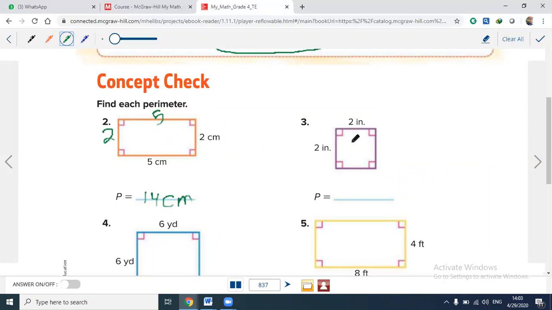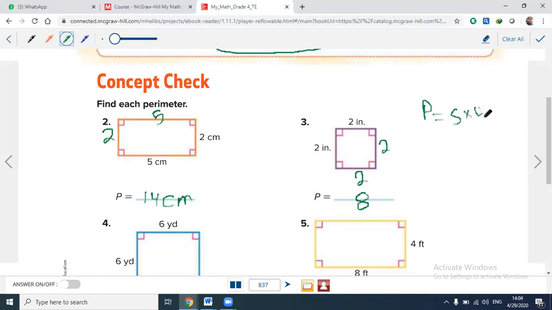Okay, number 3, I have a square. I can write here 2 and also here 2. 8 inches. So find the total distance around the shape, or I can use a formula for a square: the perimeter of a square equals side length times 4, the number of sides.